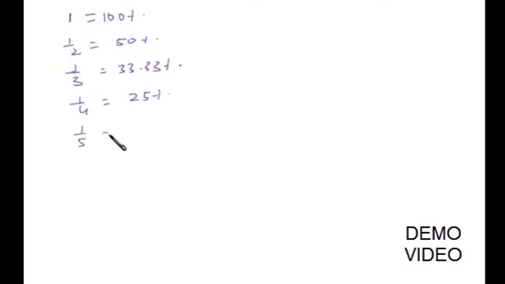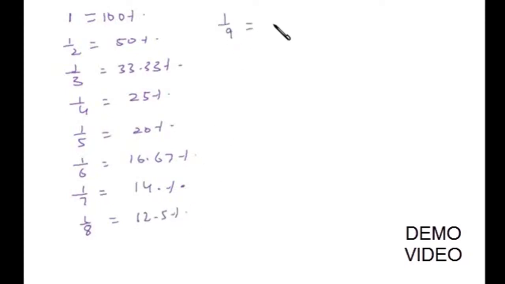First of all, we will discuss when the numerator is 1, with the various denominators. 1 is 100%, 1 by 2 is 50%, 1 by 3 is 33.33%, 1 by 4 is 25%, 1 by 5 is 20%, 1 by 6 is 16.67%, 1 by 7 is around 14%, 1 by 8 is half of 1 by 4, that is half of 25, that is 12.5%.